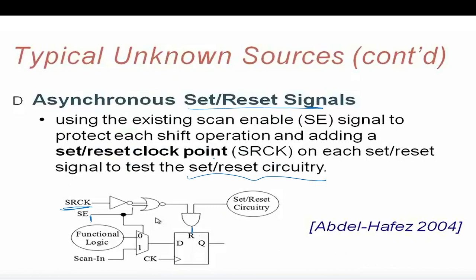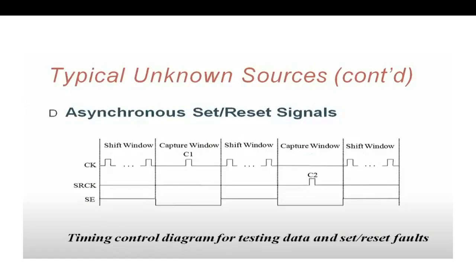If this is 1 in the scan enable mode, so this is 0. So this is blocked. But when this is 0, normal operation, based on this, we can test this path. So for example, here it is 0. It is in the scan enabled mode.